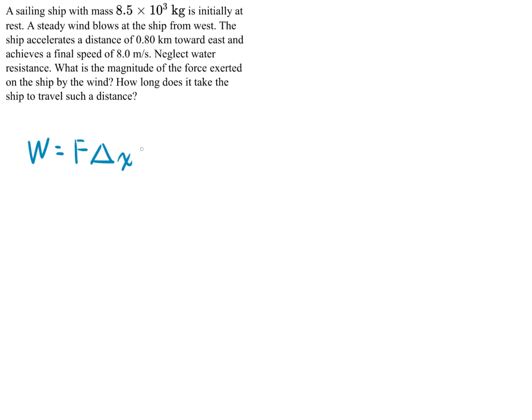And by the work energy theorem, that is also equal to the change in kinetic energy. The change in kinetic energy is simply the kinetic energy after minus the initial kinetic energy, and they're based on the final and initial velocities of the object.